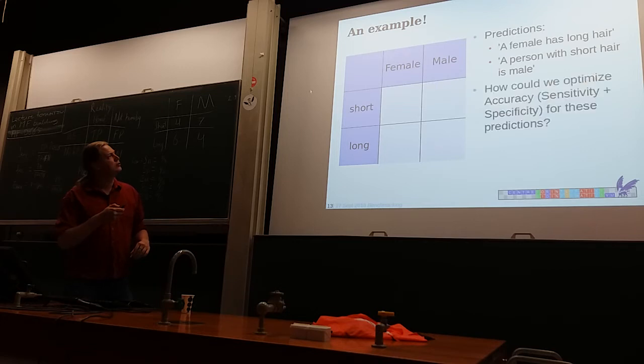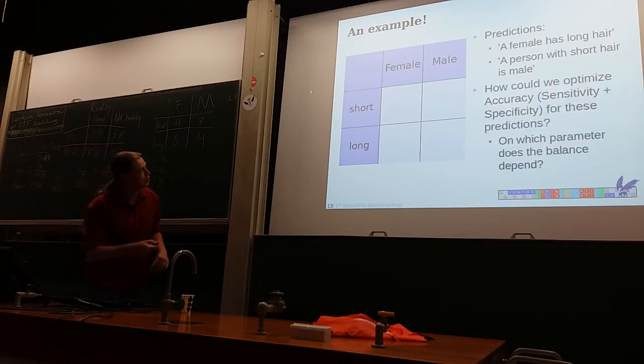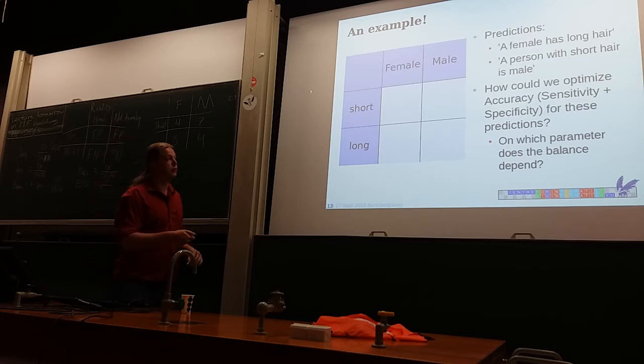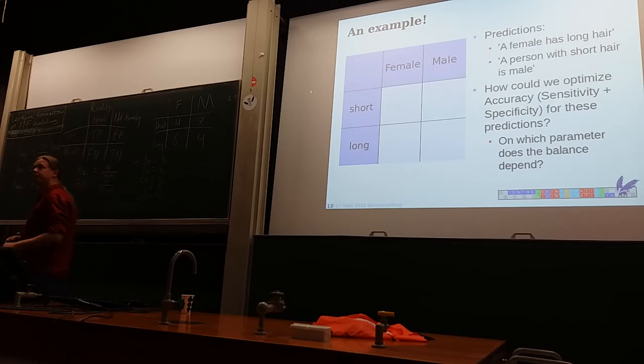I think we've already gone through this now. Right, so how could we optimize accuracy and sensitivity for these predictions? If we want to best be able to reproduce what is indeed a female and a male, we've already discussed that we have to play with what we consider short and long hair, right?